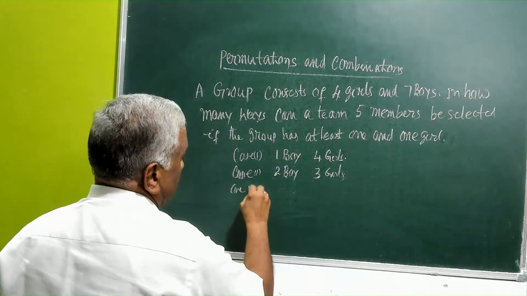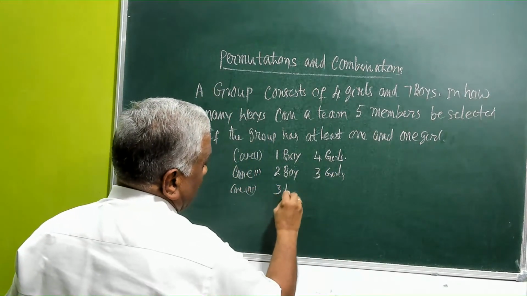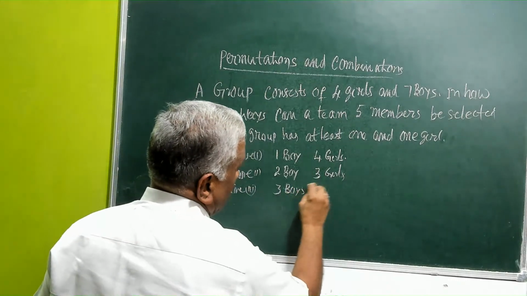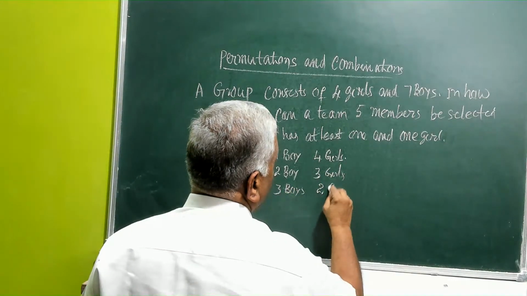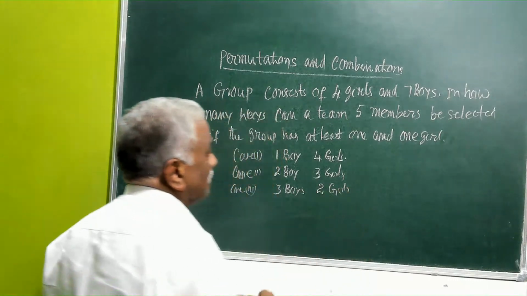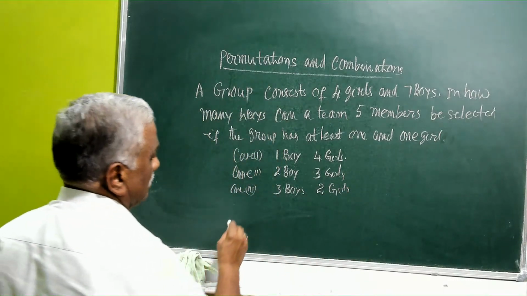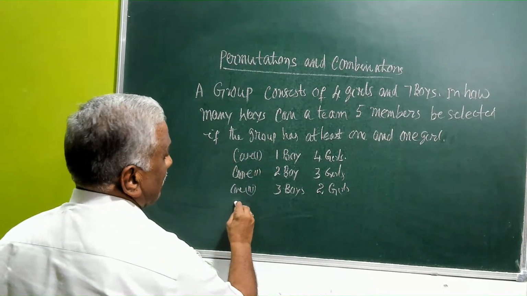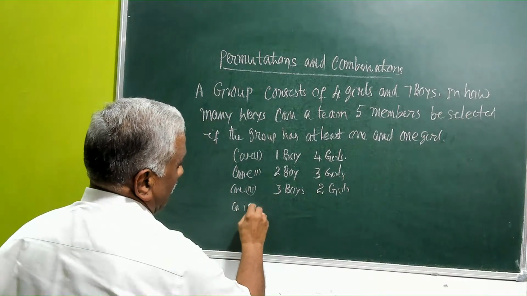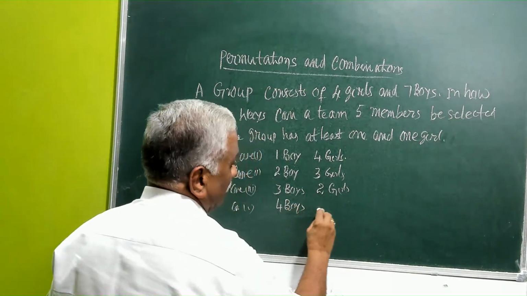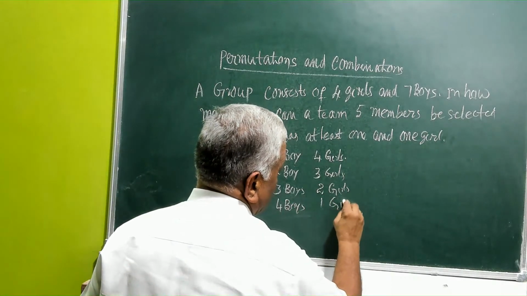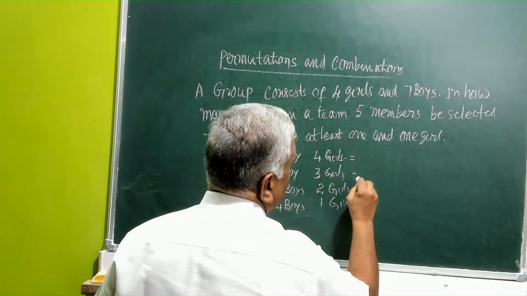The third case is 3 boys and 2 girls. The last case is 4 boys and 1 girl. The problem looks a little lengthy, but it is not that difficult.